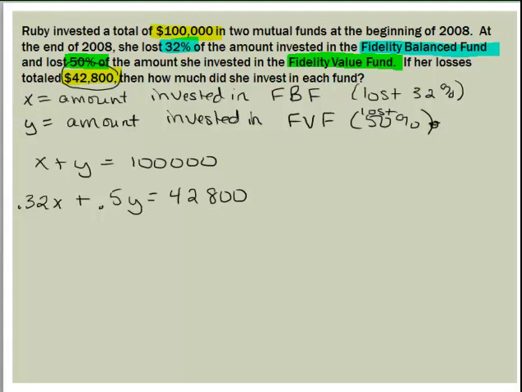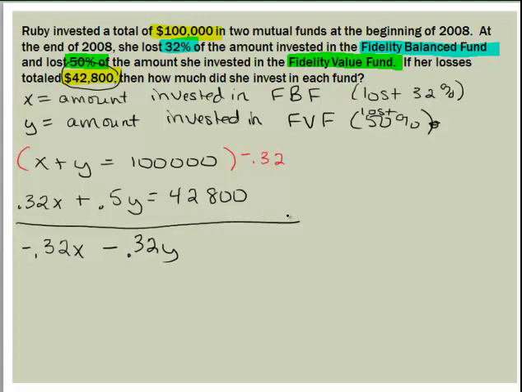Now you just need to solve the system. I think I want to get rid of my X's, so I will multiply the top by 0.32, and it has to be negative to make this go away. So if we do that, we get negative 0.32x minus 0.32y, and then we have 100,000 times a negative 0.32, and we get a negative 32,000. So our second equation just stays like it is.